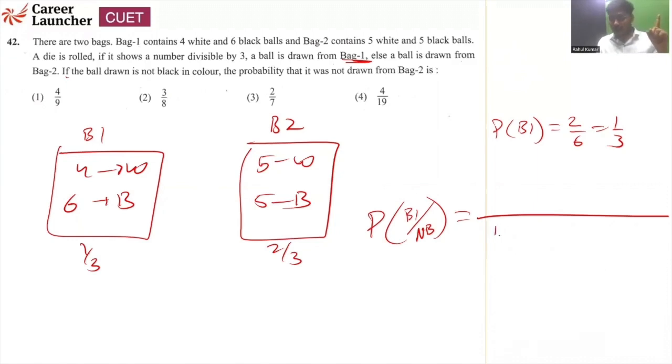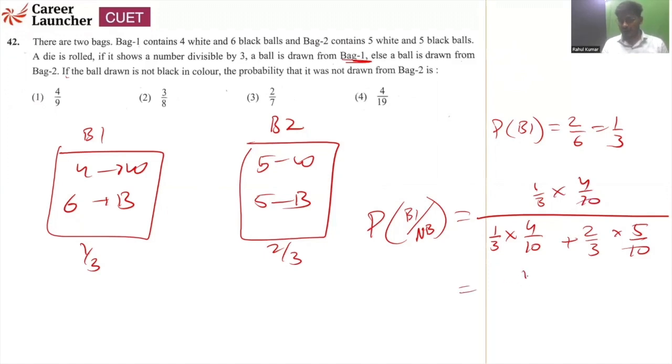First, bag one contains the ball, 4/10 probability of a white ball. Now we will go to bag two. Selecting bag two has probability 2/3. Now what is the probability of a white ball in bag two? It is 5/10. Now we have to take this term on the top and we will simplify this thing. So it will be 4 plus 10, which is 4/14, 2/7. Option third is the correct answer.